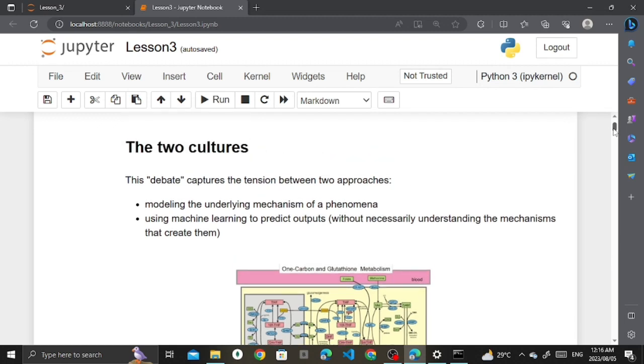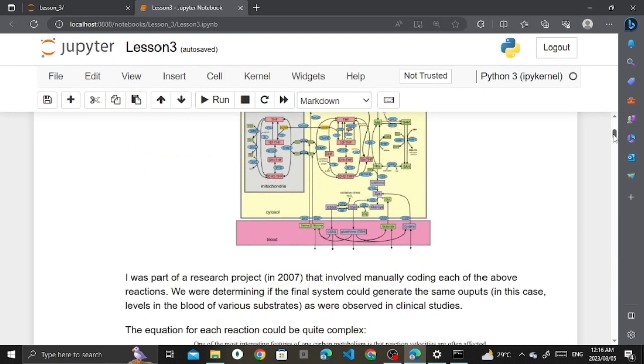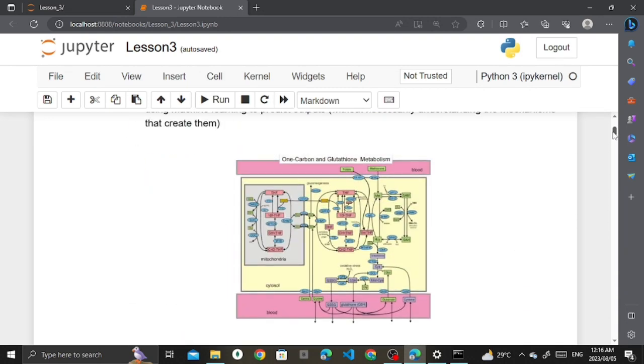It was about modeling the underlying mechanism of phenomena, versus using machine learning (ML) to predict outputs without necessarily understanding the mechanism that creates them. So I wanted to show this diagram from it.